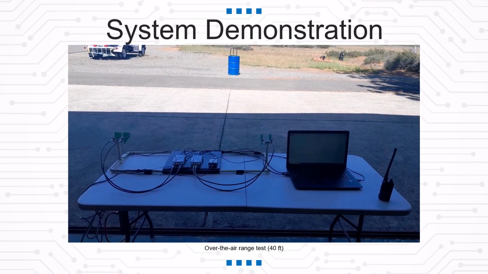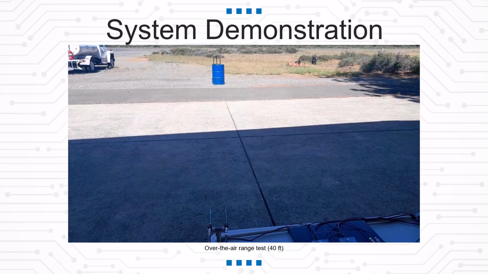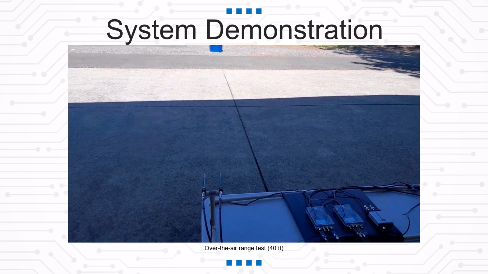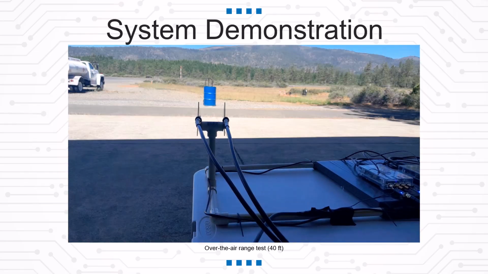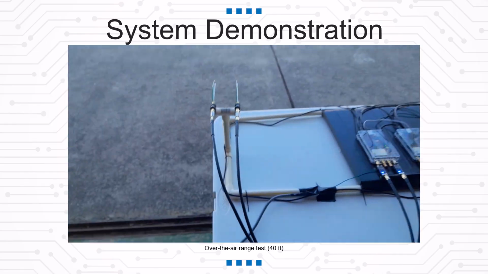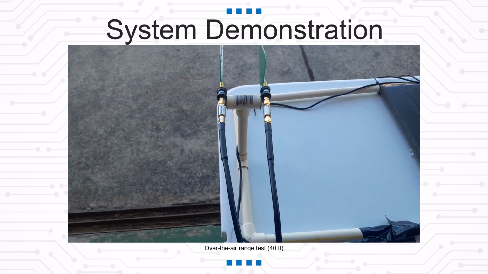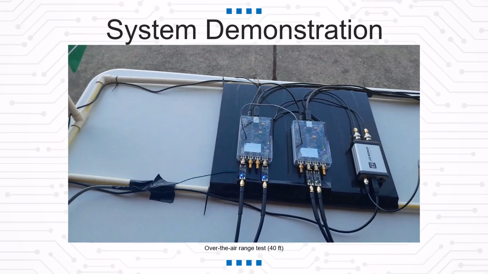So this is the software-defined radio radar, and we have a target that was measured at 40 feet. We have a transmit antenna array that is pointed directly at the target. We have 2 bandpass filters with a center frequency of 2.45 gigahertz and a bandwidth of 100 megahertz.